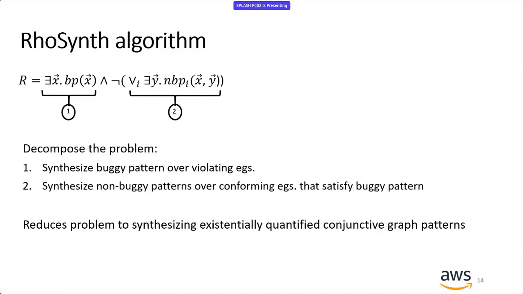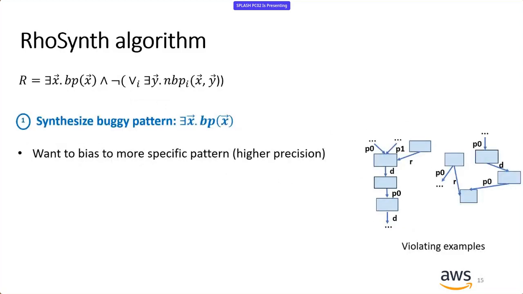Using this decomposition, we reduce the problem to synthesizing existentially quantified conjunctive graph patterns. This is a strictly simpler problem than synthesizing the entire rule together in a monolithic manner, where the rule involves quantifier alternation.